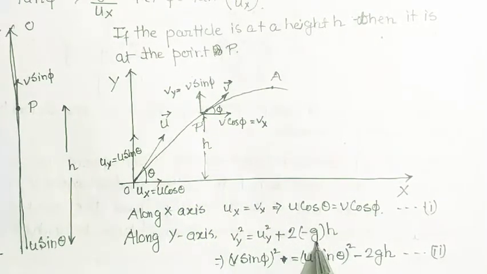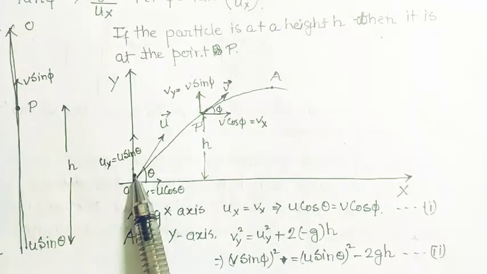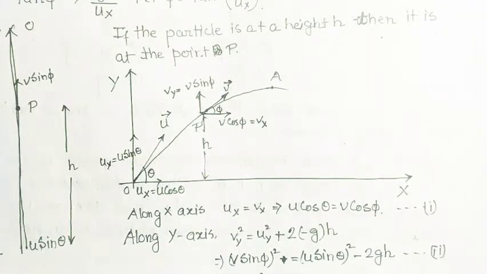This is v square equal to u square plus 2as. I think you can understand this equation. So just put the value of vy. What is vy? v sin phi. What is uy? u sin theta. So v sin phi whole square equal to u sin theta whole square minus 2gh. So these are two equations, and I think you understood something. Some students are very clever, they can understand this and predict what I am going to do.